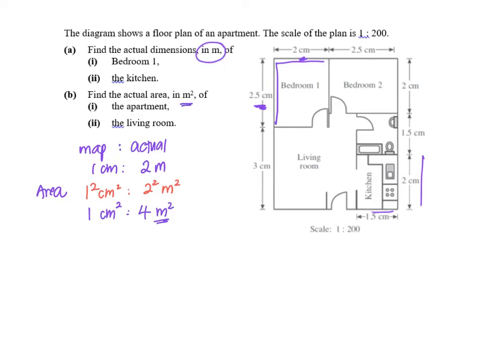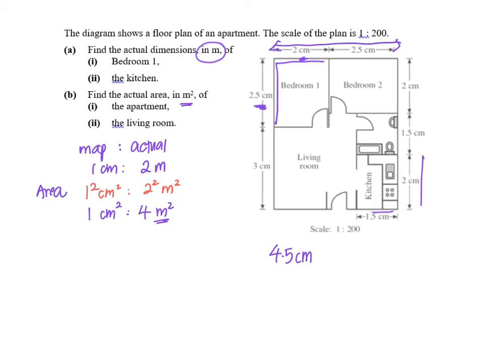Now find the area of the apartment. So I need to have the whole apartment. What is the width of the whole apartment? The whole thing here, this whole width. 2 cm plus 2.5, so 4.5 cm.